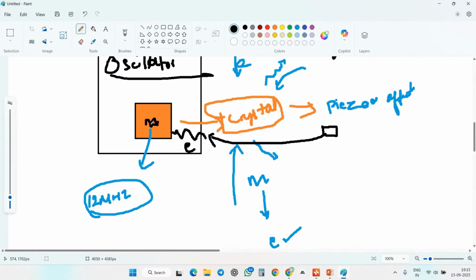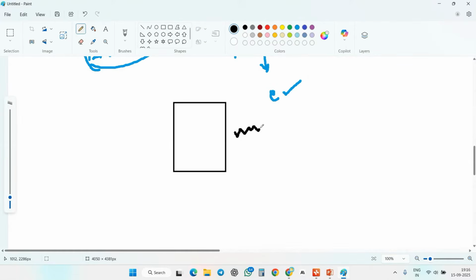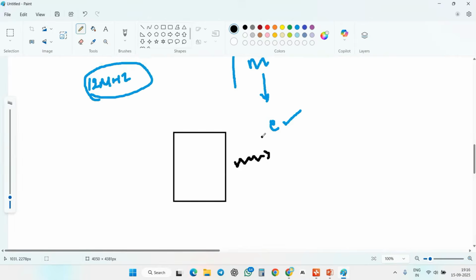It just gets mechanically stressed, so now it produces some electrical voltage, that means electrical current. This is a piezoelectric material. Consider any box: when I hit that box with my leg, it vibrates because it is mechanically disturbed. The output is that your box is shaking. Same thing, guys.